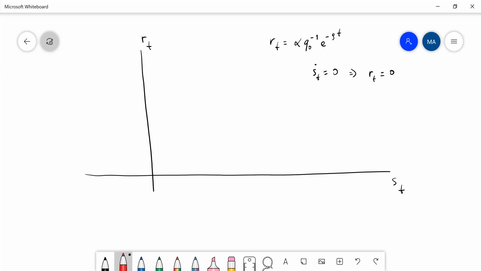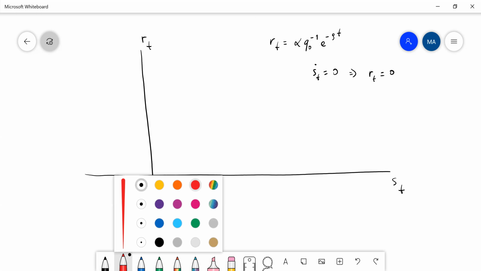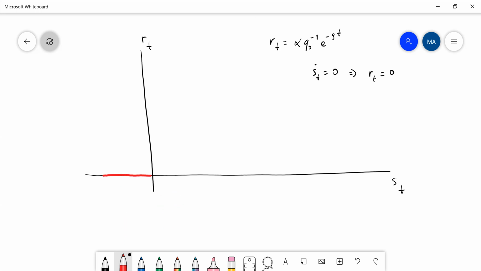So when R is equal to 0, this is your ST dot equals 0 curve. And suppose that this is your initial point, S0.